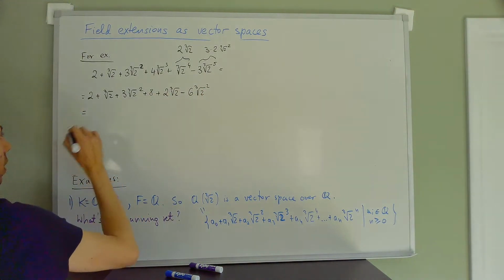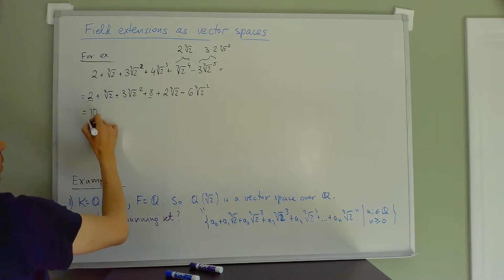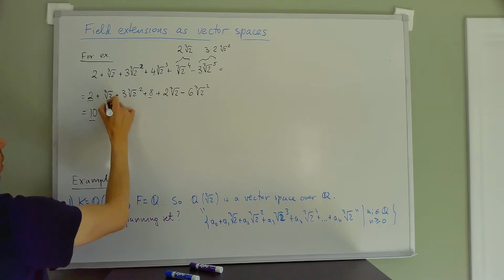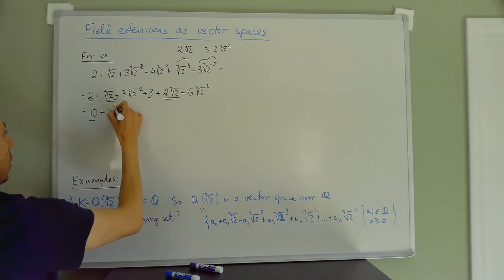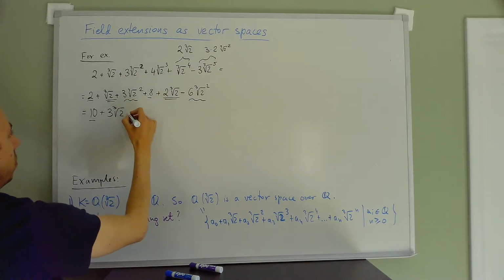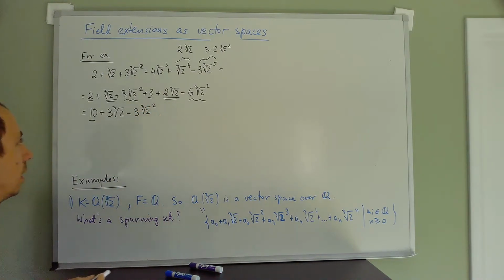I can then collect like terms, so I get 10 plus 3 cube root of 2 minus 3 cube root of 2 squared.